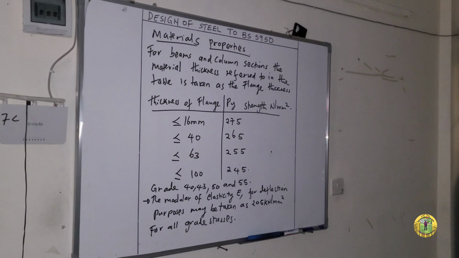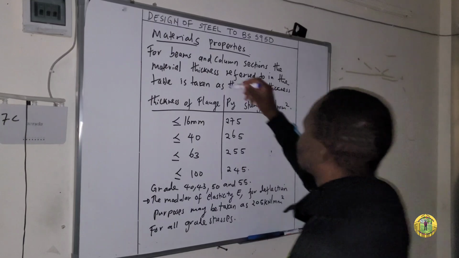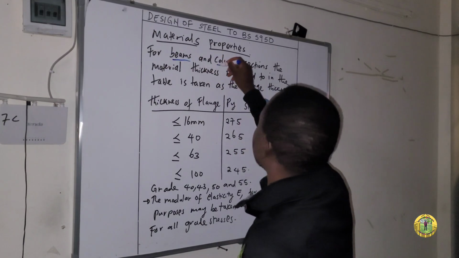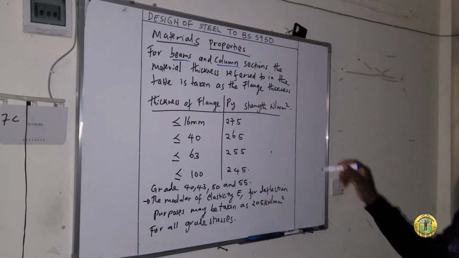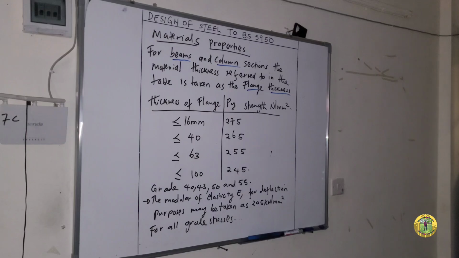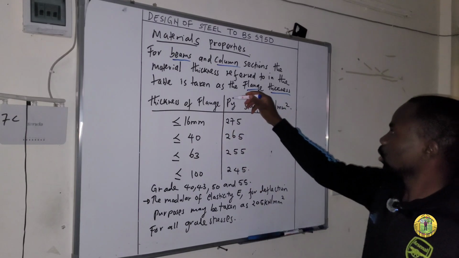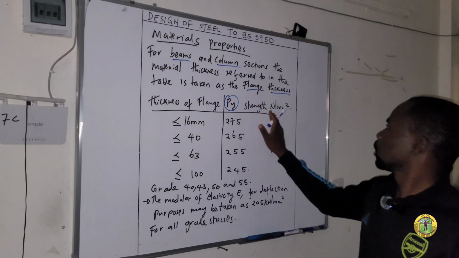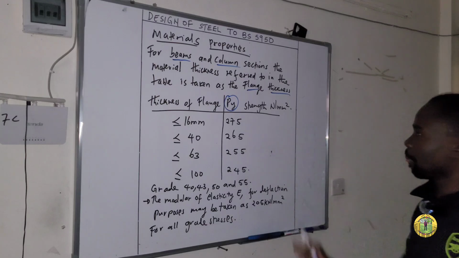So, material properties for beam and column sections. The material thickness referred to in the table is taken as the flange thickness. So we have the thickness of the flange, and then Py. Py is the strength of the steel in Newton per millimeter square.